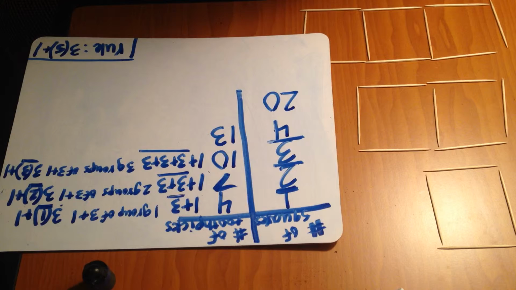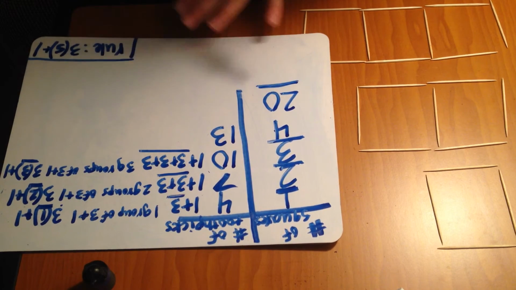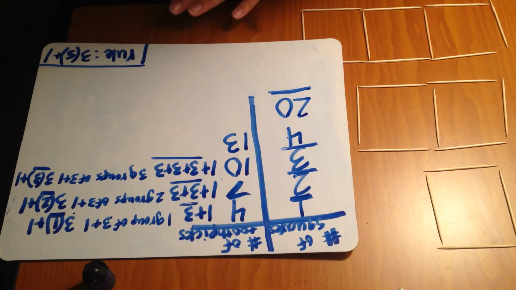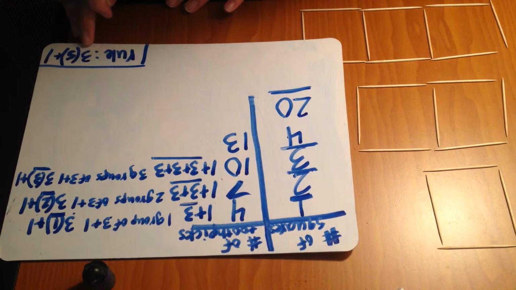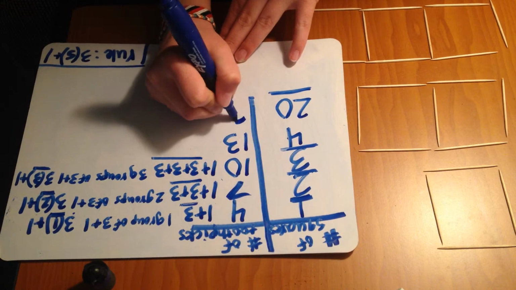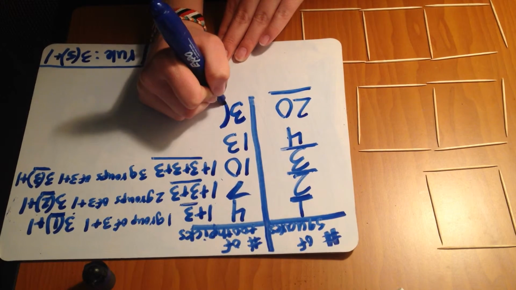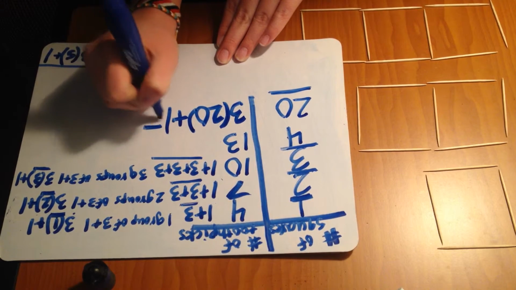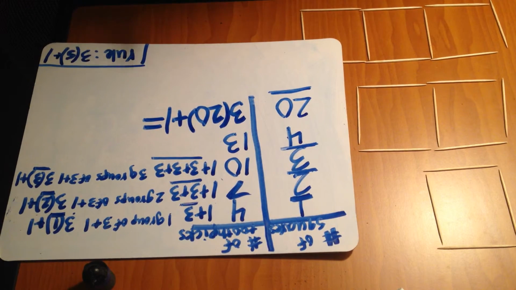So let's say I want to find how many toothpicks are in 20 squares. If I wanted to jump down to the 20 sets of squares, how many toothpicks would I have? And because I've created my rule, I know that I can plug in 20 into my S. So let's look. I have 3 times 20 plus 1, because I plugged in the 20 for the number of squares.